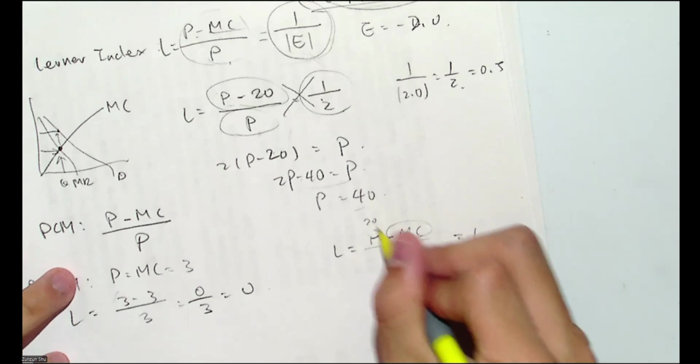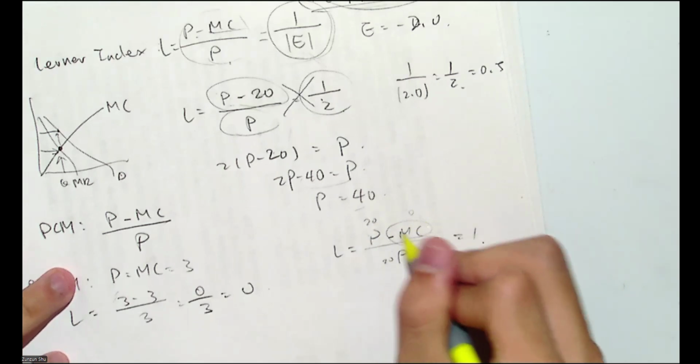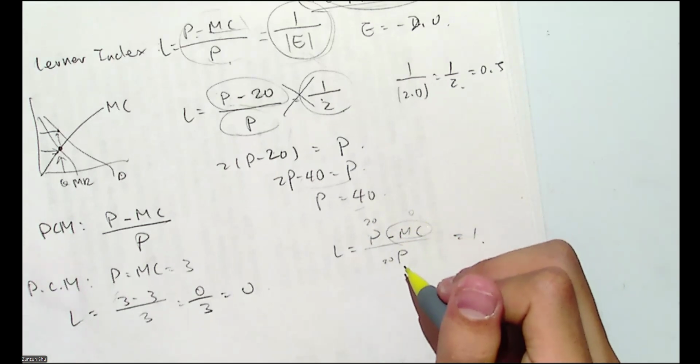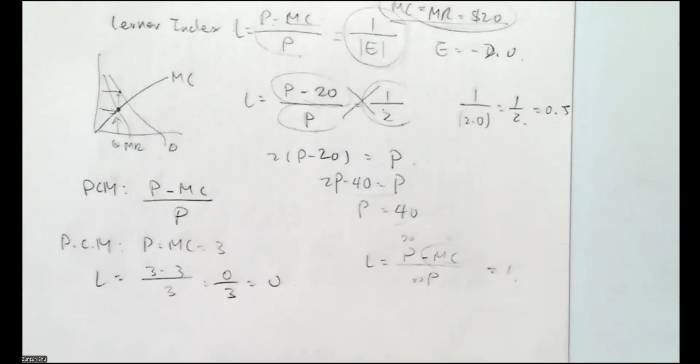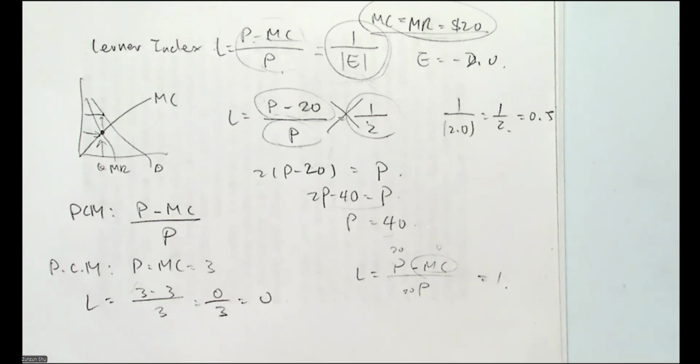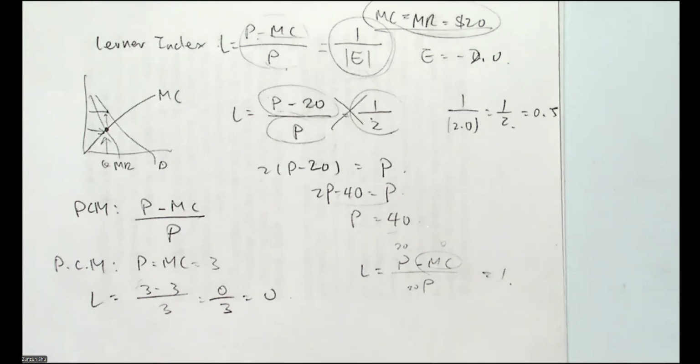But physically, that's not really very possible. It's only going to be in very, very rare cases. Most times the Lerner index is typically a number between 0 and 0.9, because it's not 1.